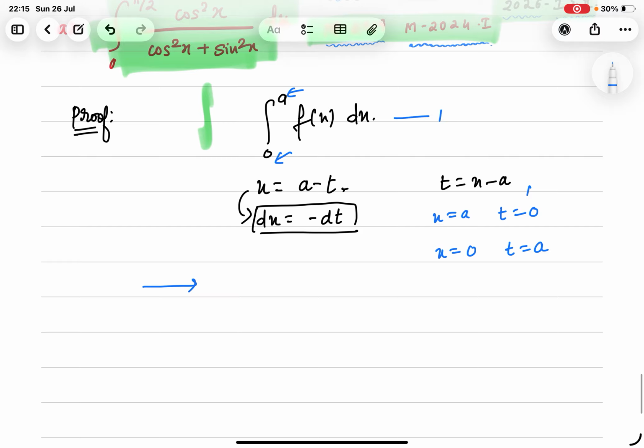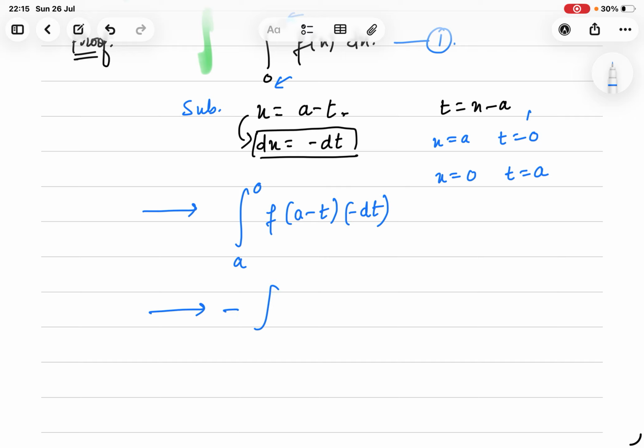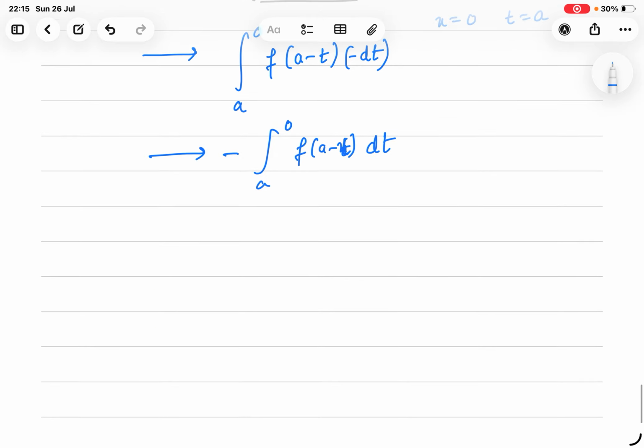Then equation 1 becomes, after substitution, the integral from 0 to a becomes a to 0 of f of a minus t with respect to t, with a negative sign. That negative sign comes outside: minus the integral from a to 0 of f of a minus t with respect to t.